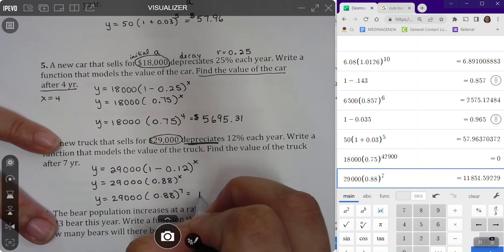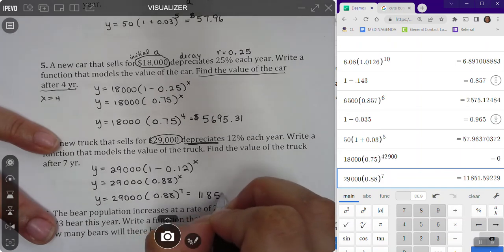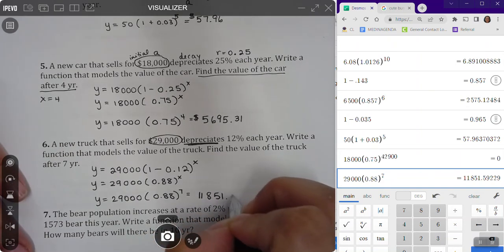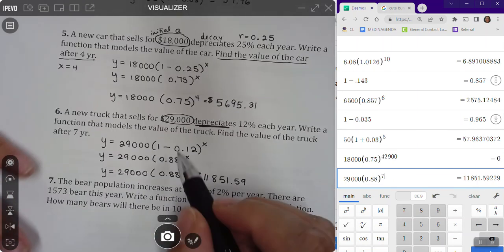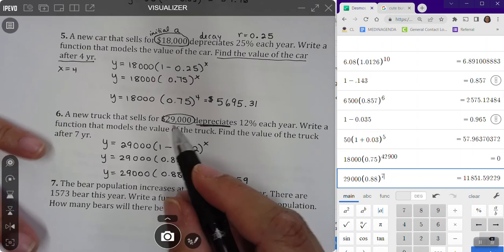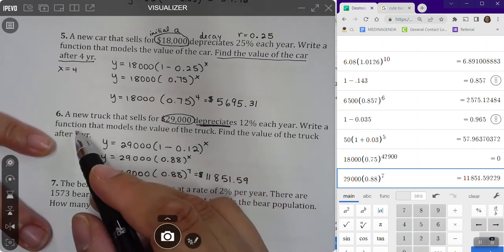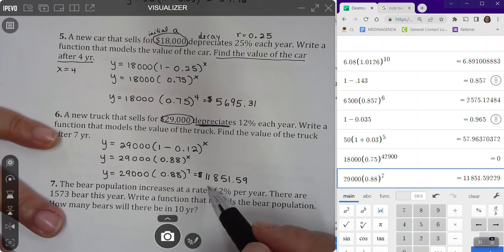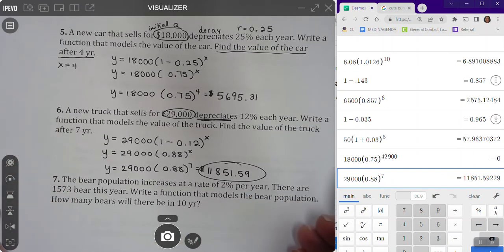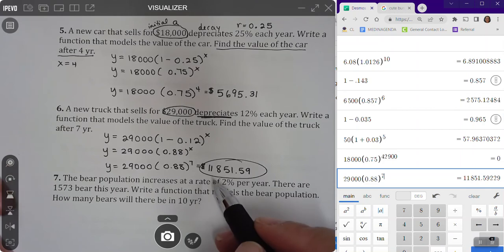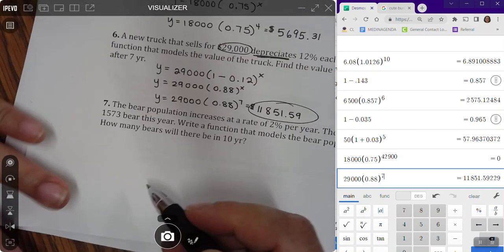Look at that, $11,851.59. So this truck originally was 29,000, and after 7 years, it is close to 12,000. That means if you sell it, you're only going to make 12,000 of the 29,000.